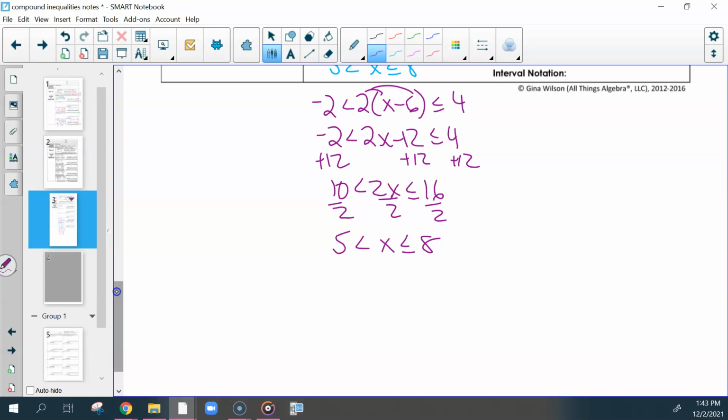Now, let's say that this was a different problem, and this was a -2 on the inside. If I were to divide everything by a -2, all of the signs would change direction. But -5 is greater than x, which is greater than or equal to -8, is not usually written that way. It's usually written with the less than.